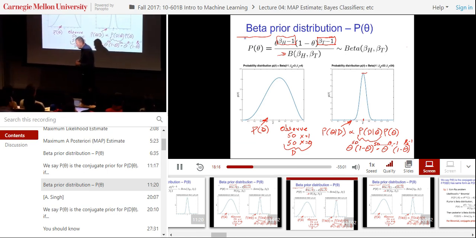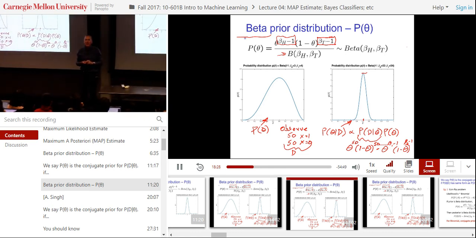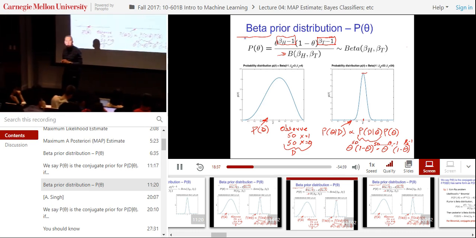We're making the assumption that these draws from our Bernoulli variable, our coin flips, are independent. And so the probability of the set of observations doesn't change if we change the sequence of observations.